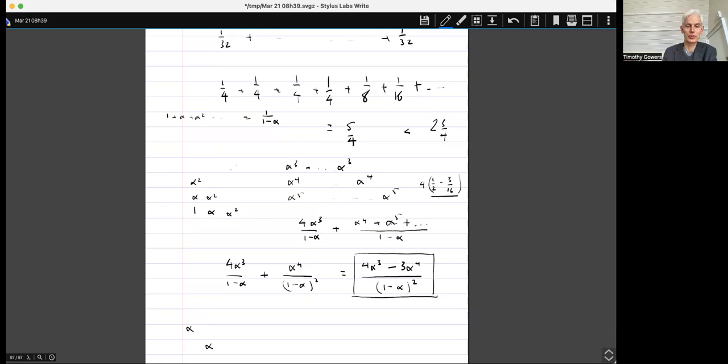After another step I've got alpha squared, and after another step something like that, alpha cubed, and then alpha squared. I don't think that's going to be bigger than this, but I've still got some room to move things.